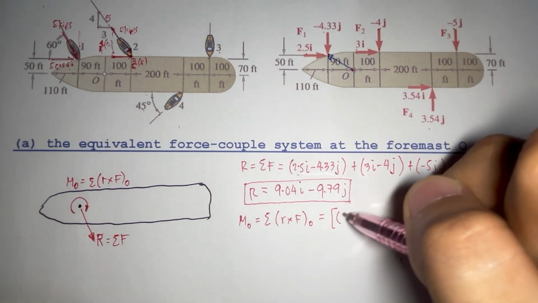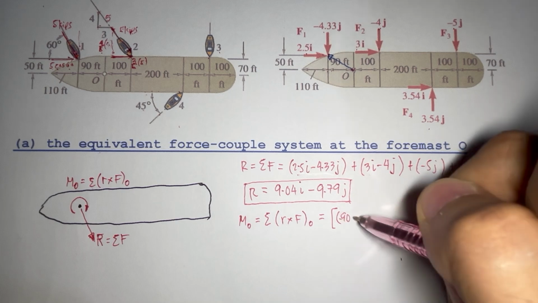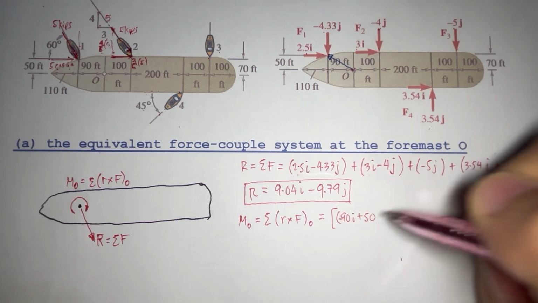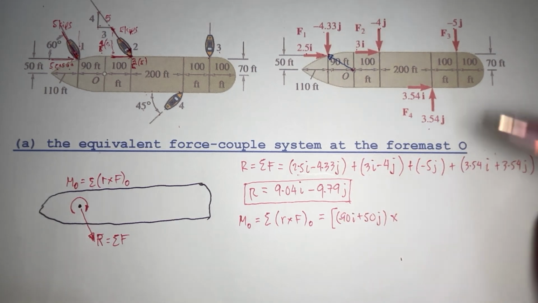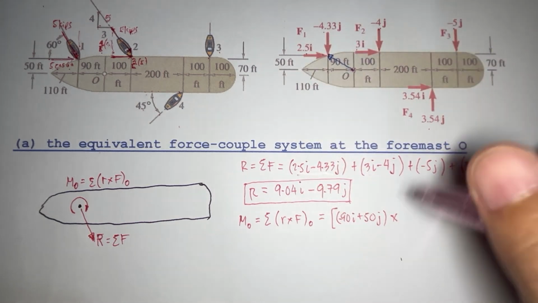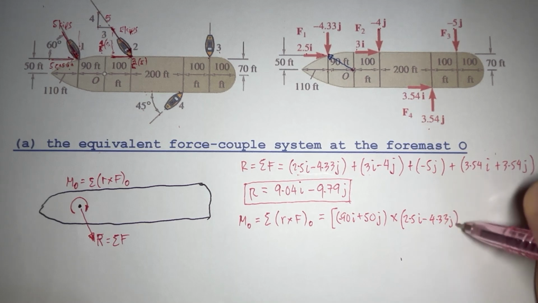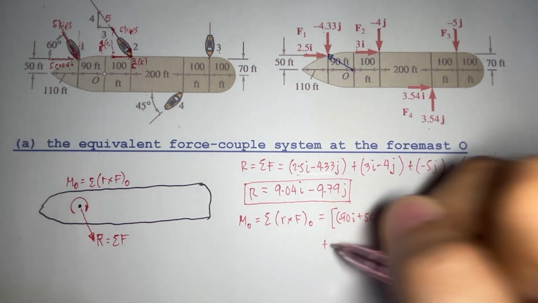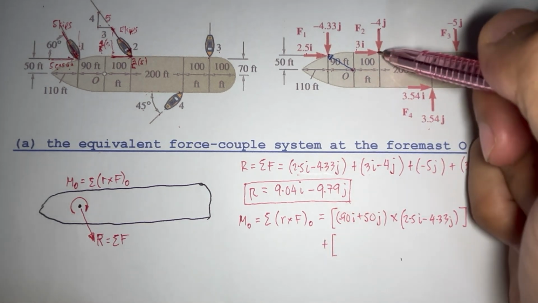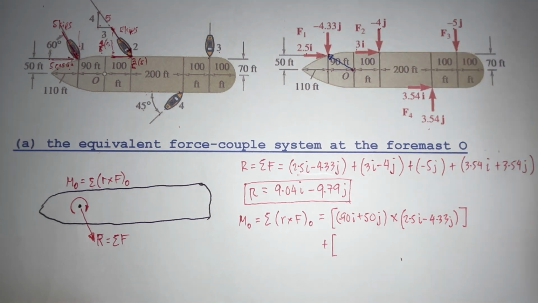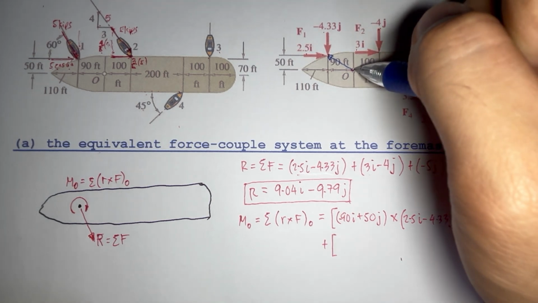So we have negative 90I plus 50J cross our F1, which is 2.5I minus 4.33J.